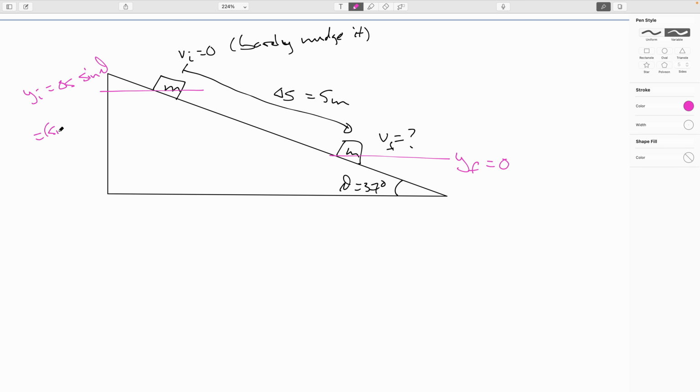So that'll be 5 meters times the sine of 37 degrees, which is basically 3 meters. But actually, we'll just leave it like that.